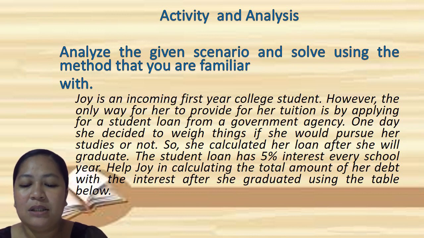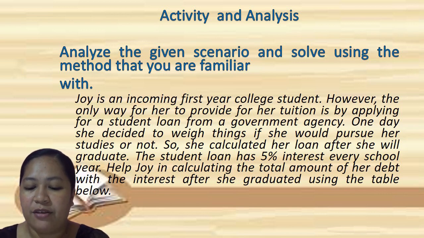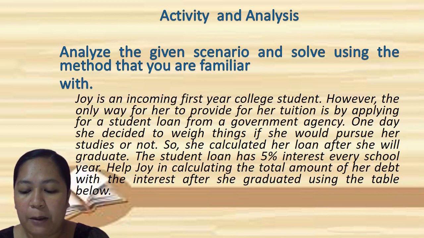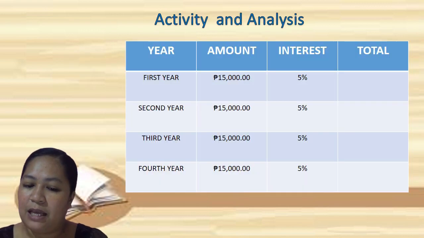One day, she decided to weigh things, whether she would pursue her studies or not. So she calculated her loan after she will graduate. The student loan has 5% interest every school year. Let us help Joy in calculating the total amount of her debt with the interest after she graduates, using the table in the following slide.